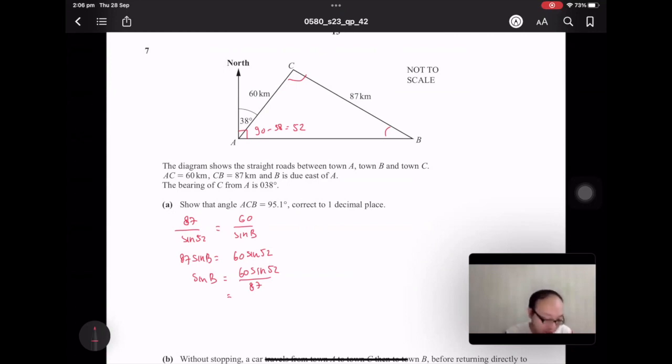And then we do the sine inverse. So 32.9 degrees. So that means angle ACB will be equal to 180 minus 52 minus 32.9. So it's 95.1. Correct. Shown.